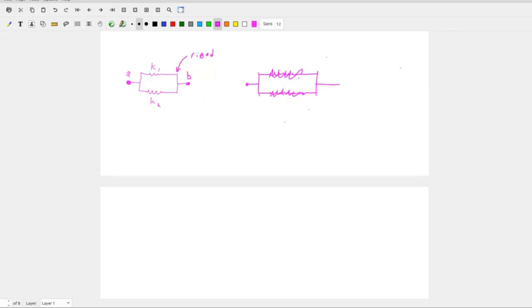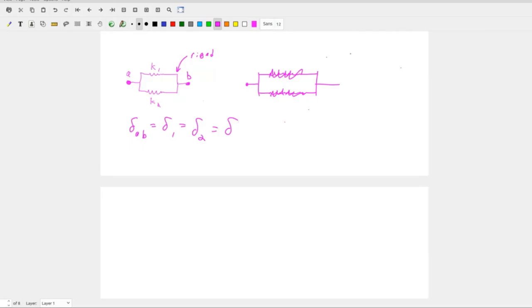So we have sigma AB is equal to sigma 1, which is equal to sigma 2, and that all becomes sigma. That becomes one value. If you have one value, it's kind of hard to solve for anything, kind of hard to build an equation off of one value. So let's take a look at our forces.